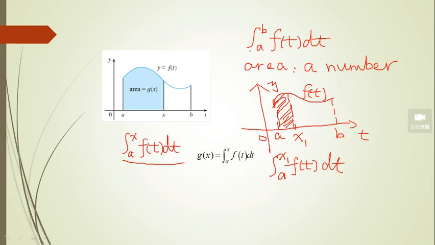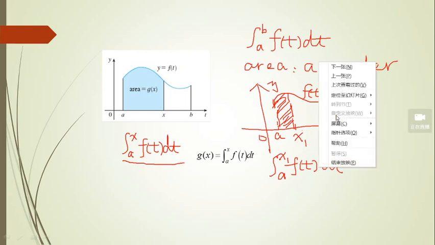There the definite integral has fixed lower and upper bounds, but in this definite integral, the upper bound x is a variable. As x shifts from a to b, the area will be different. Actually, we can define this as a function g(x). For example, when we take the value x1, that is the area, or you can have your x2.